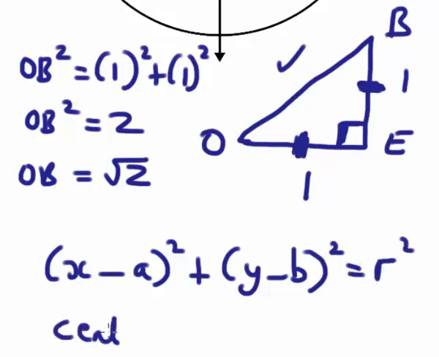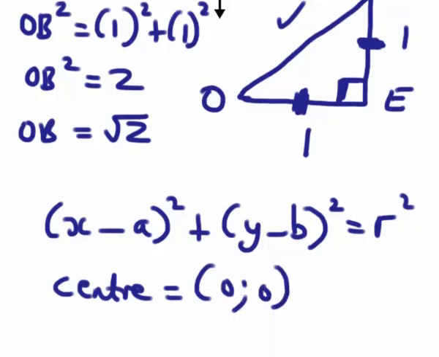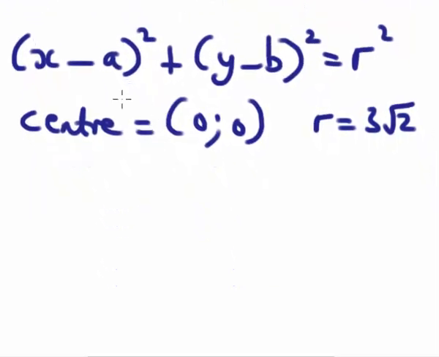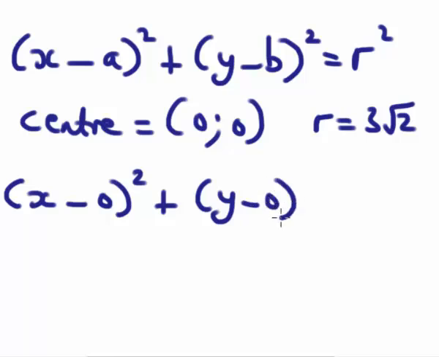The center is at the origin, which is 0, 0. Lovely question in the real world. And the radius is 3 of those root 2's. So let's plug in what we have. We've got x minus 0 squared plus y minus 0 squared is the radius squared.